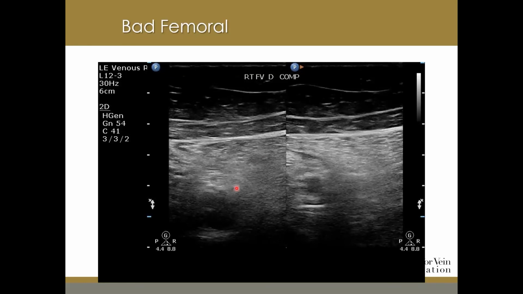demonstration of vessels. Here we see that the gain is not properly set in this image. Better optimization of this image can be achieved by ensuring that we're using the proper frequency. Because these vessels are so deep, utilizing a higher frequency probe would not be the best choice in this situation.